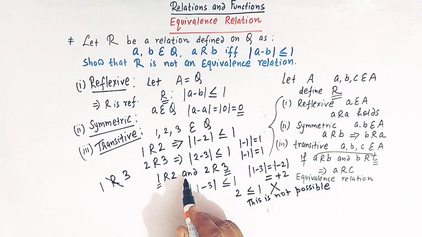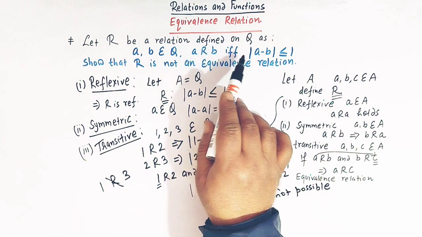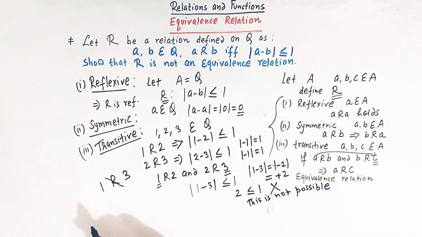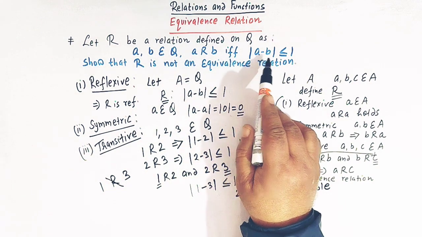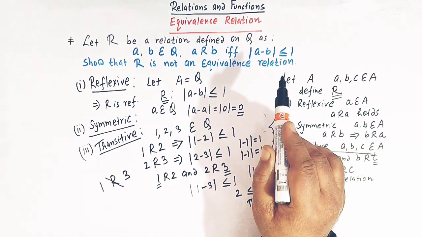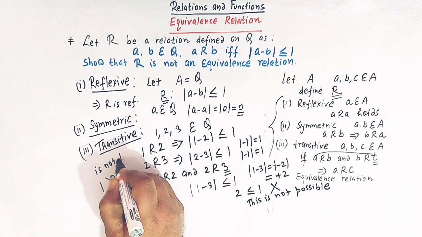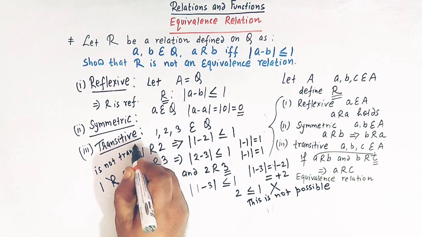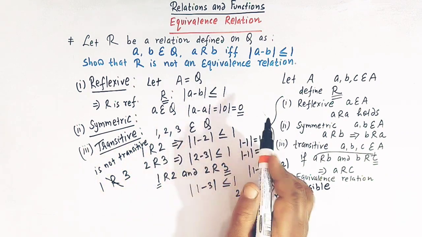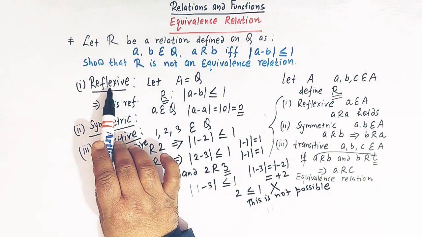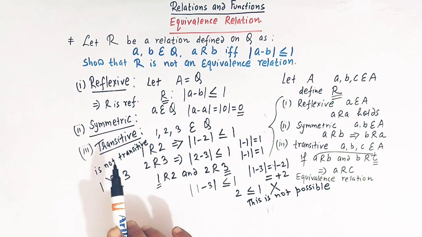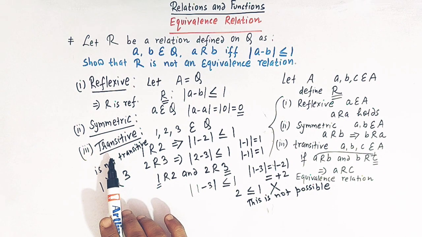So this suggests that this relation R in the set of rational numbers, when mod of A minus B is less than or equal to 1, is not transitive, right? So we can say that this relation R is reflexive and symmetric, but it is not transitive, right?